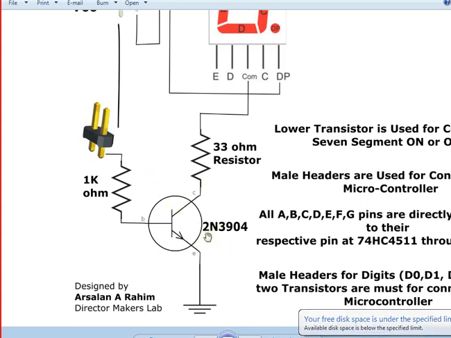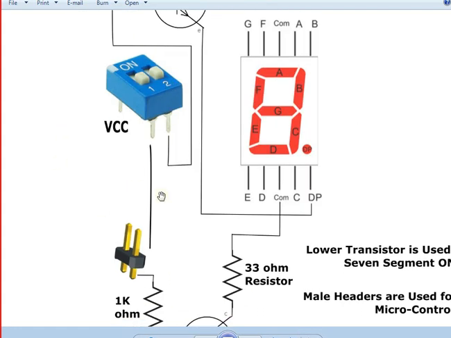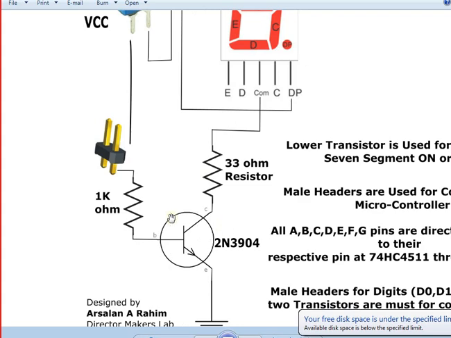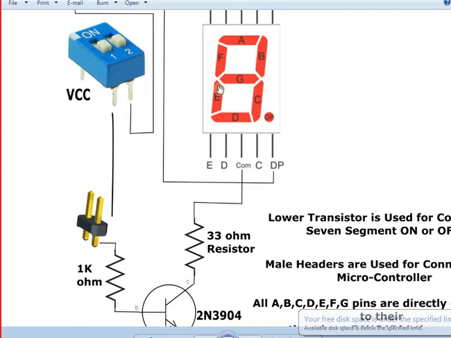So you have effectively made a simple switch. This switch is being controlled from a dip switch or maybe a male header. This can provide a signal from your microcontroller or something, but a switch is now there so that you can control digitally whether you want your display to be on or off.